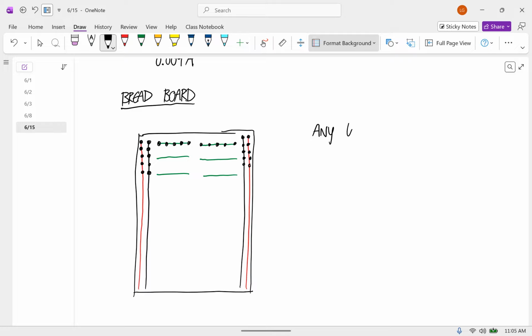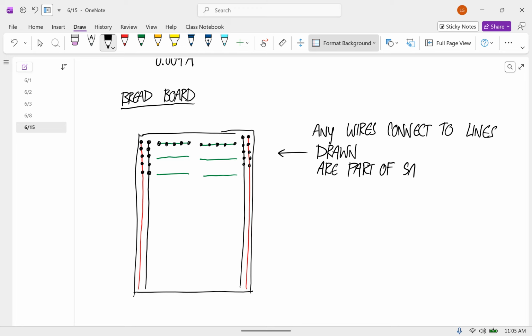So any wires that you connect to the lines that are drawn over here are part of the same node. And the defining property of a node is that everything on the node has the same electric potential.